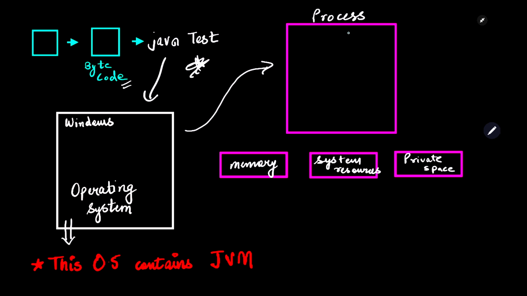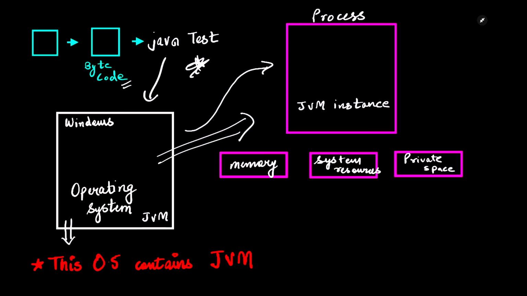Inside this particular process, the OS loads a JVM instance. You can think of the JVM as Java's own operating system sitting inside your OS. The JVM takes responsibility for managing memory, loading classes, creating threads, and running your bytecode.